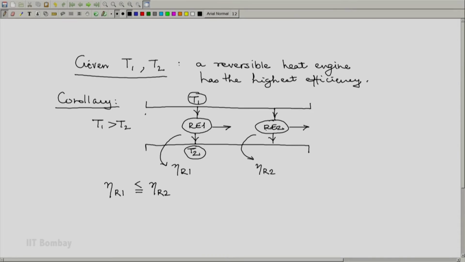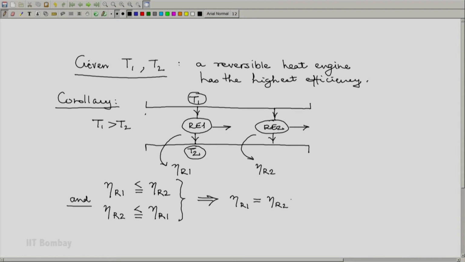So the efficiency of any engine, in this case eta R2, must be less than or at most equal to that of a reversible engine RE1 working between the same two temperatures. Now both these relations have to be true. So if this and this have to be true together, then naturally this implies that eta R1 must equal eta R2.